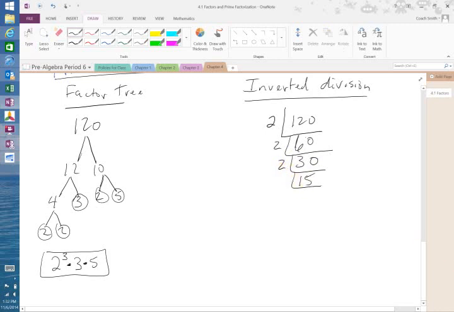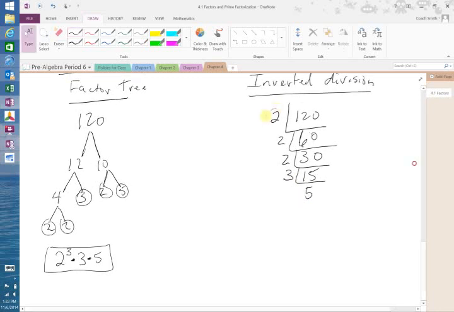Does 2 go into 15? No. So I move to the next prime number, which is 3. 3 goes into it 5 times. There is your prime factorization: 2 to the third times 3 times 5.